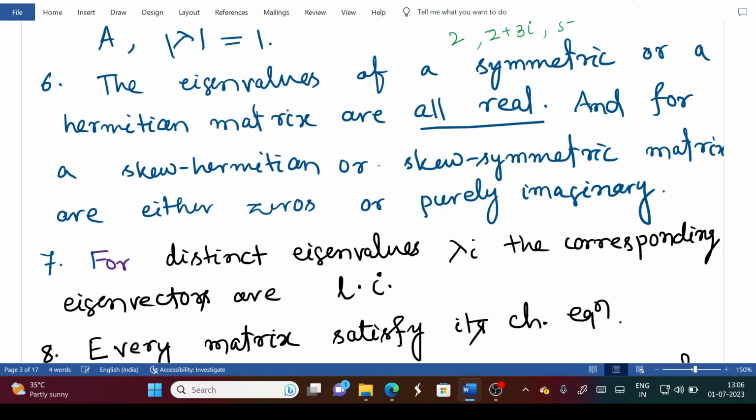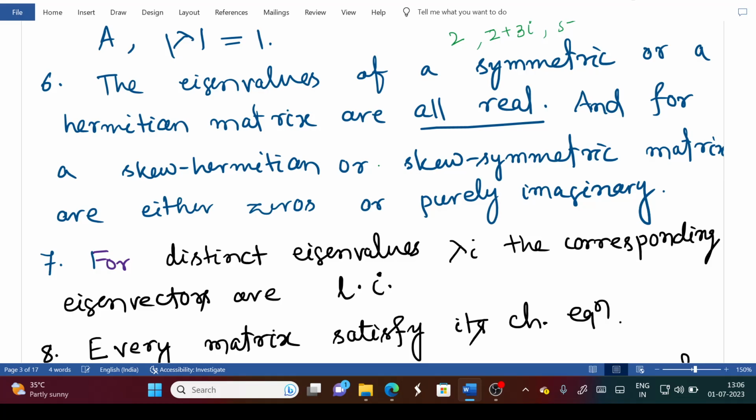A matrix having these 3 values as eigenvalues can neither be symmetric nor be skew symmetric. Similarly, we can apply this concept in a variety of ways, but these properties are very significant, and in a very simple way, complicated problems are sorted out.